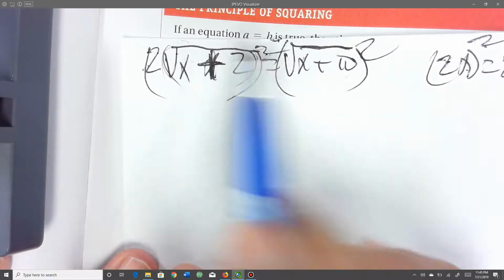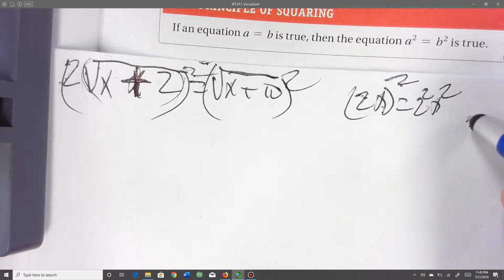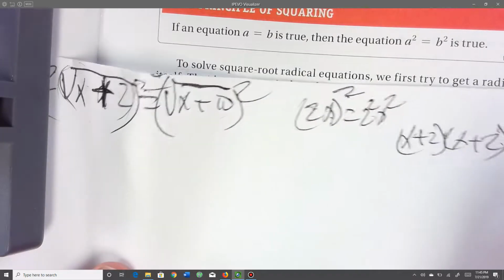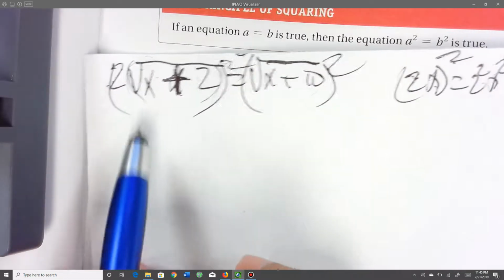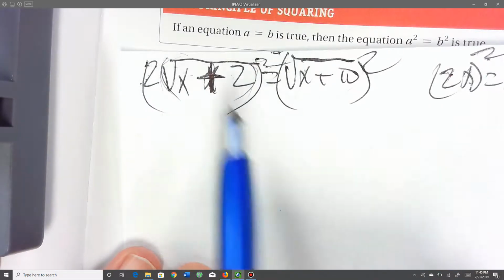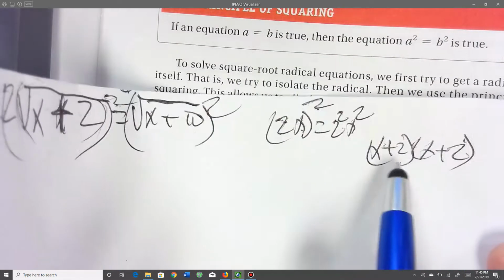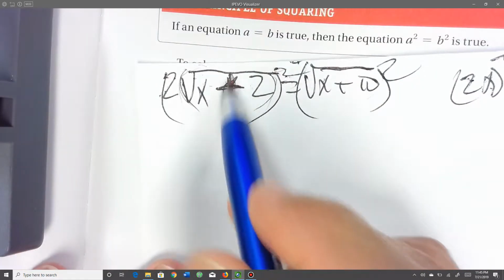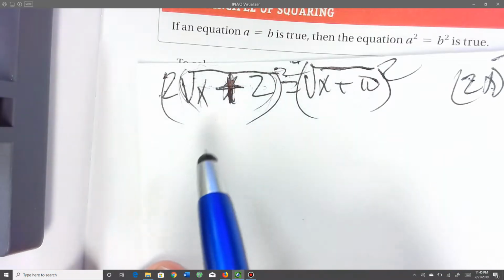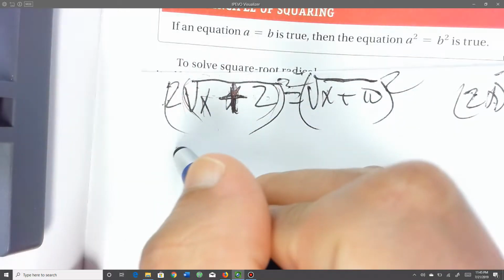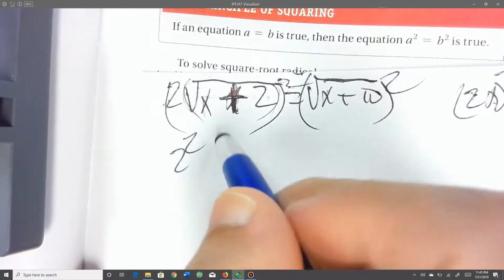Here we are not multiplying x plus 2 times x plus 2. No, that's not what we're doing, because we have two factors here, this factor here and this factor here. Okay, we do not have an addition. I mean there is an addition here, but it's inside the radical sign. Okay, and that would raise this 2 to a power 2.